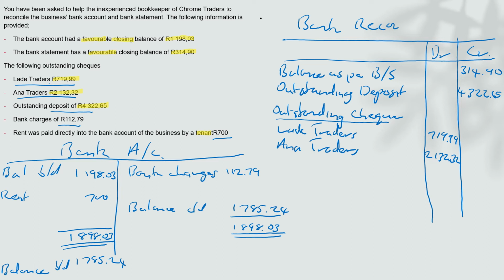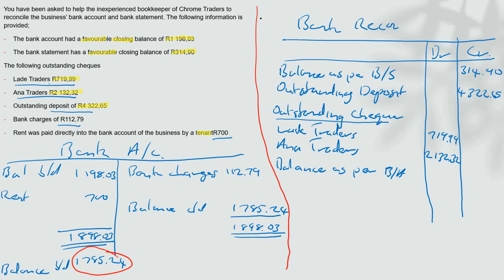Then balance as per bank account. At the balance as per bank account, we use this amount here, the amount that we calculated.